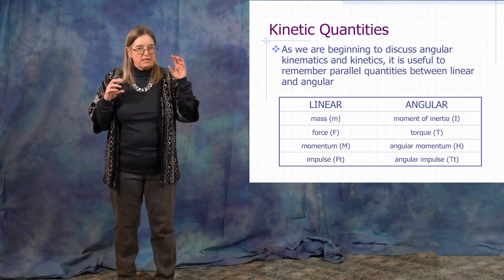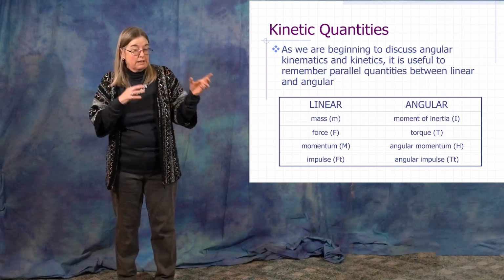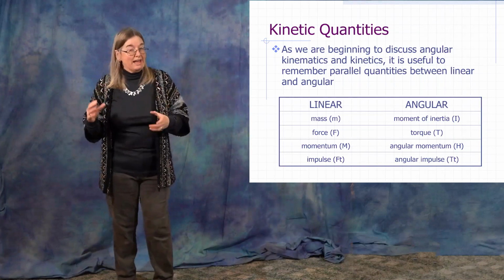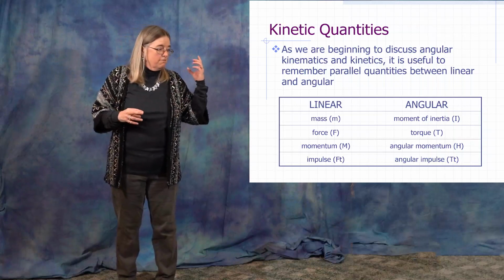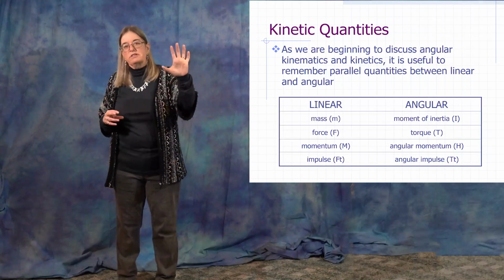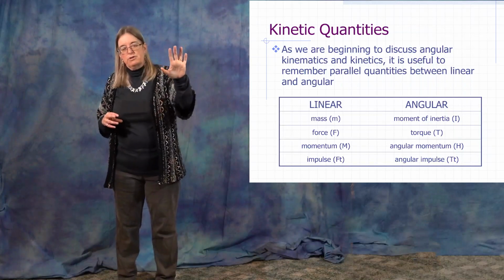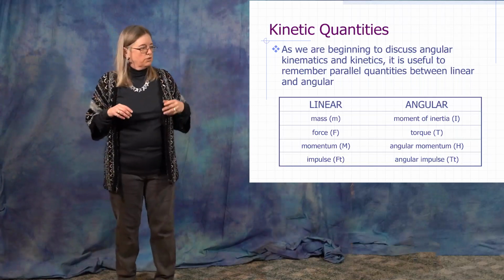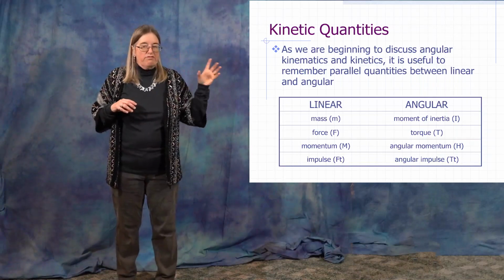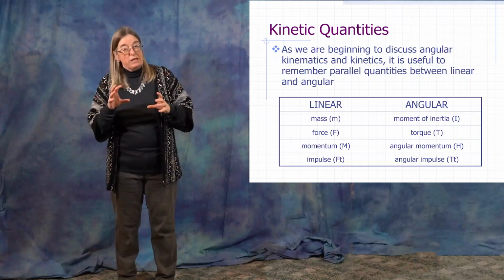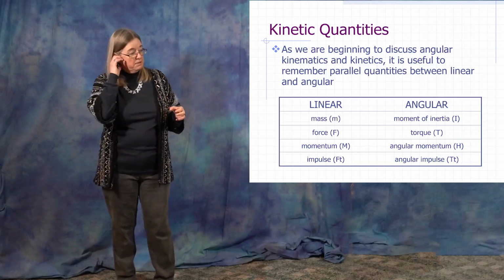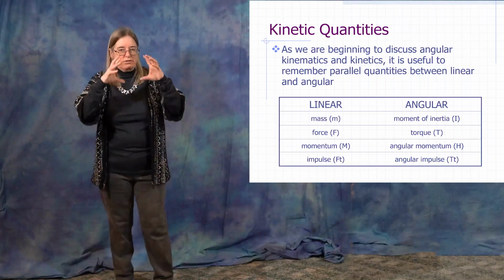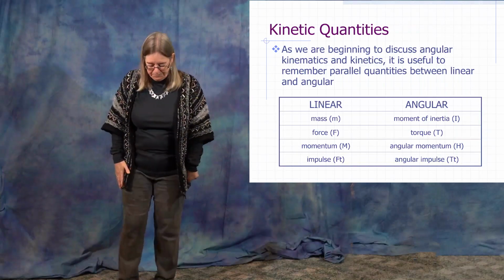Again, mass is the resistance to linear acceleration, and moment of inertia is the resistance to angular acceleration. Force is what causes linear motion. Torque is what causes angular motion. We have momentum and angular momentum, which we're going to come back to in a couple of lectures. And impulse and angular impulse, they're related to momentum.